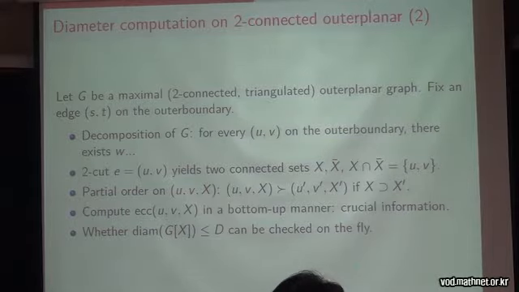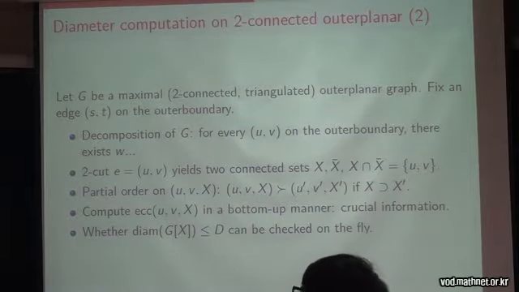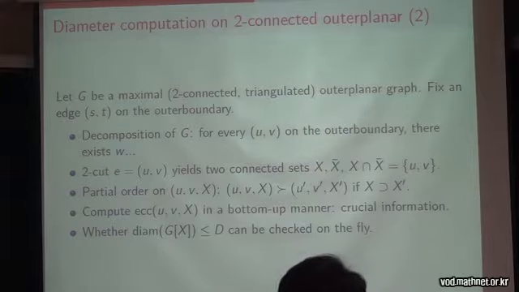So I define this tuple for every uv which is an edge. So you have as many such tuples as the number of edges in such a graph, so you have a linear number of such tuples.